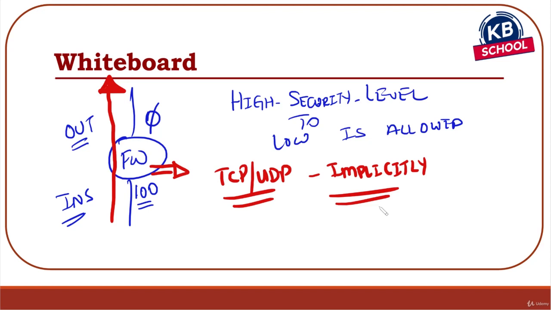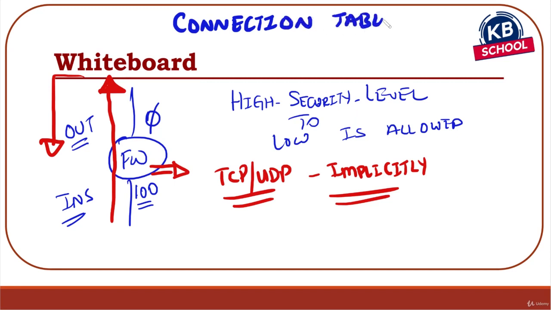This implicit inspection will inspect TCP and UDP traffic and create a state entry, so when the return traffic is coming back in from the internet, it's going to check this table. It's called the state table or the connection table, and in the connection table, you will see the return entry, which was created when the traffic was allowed from a high interface to the low interface by default.